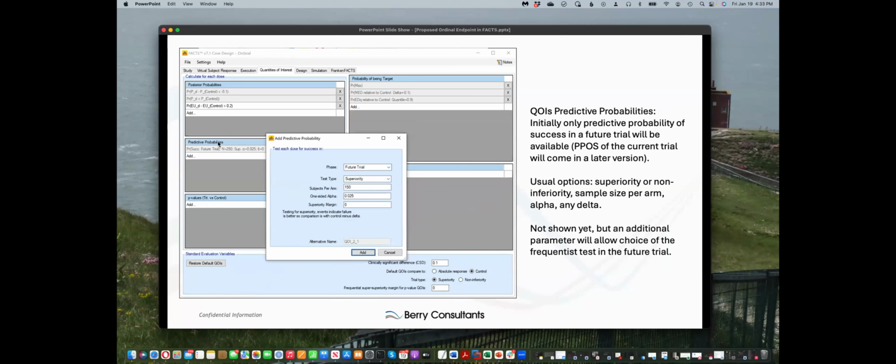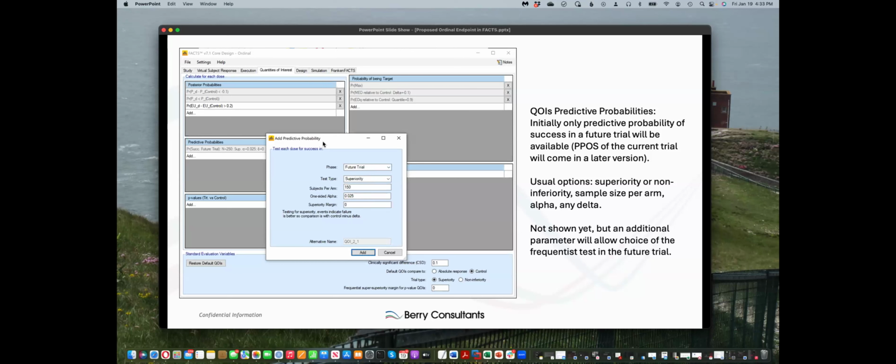The predictive probabilities initially will be limited to just a future trial. There won't be the within-trial predictive probability of success. And then you'll have full flexibility over specifying the p-value, the frequentist test in this future trial.